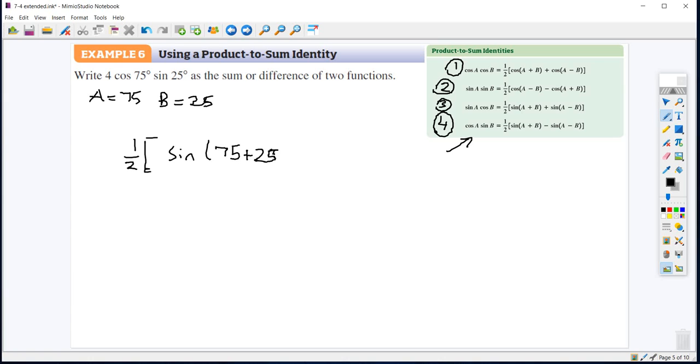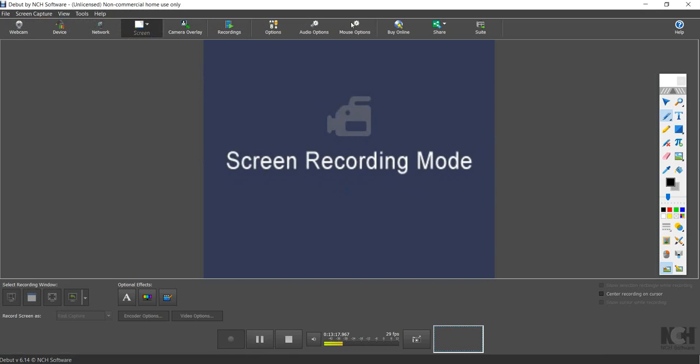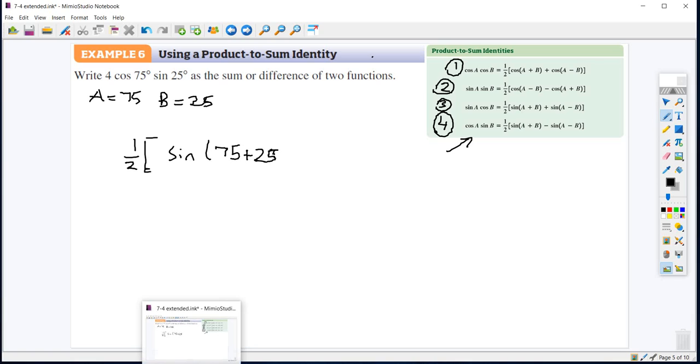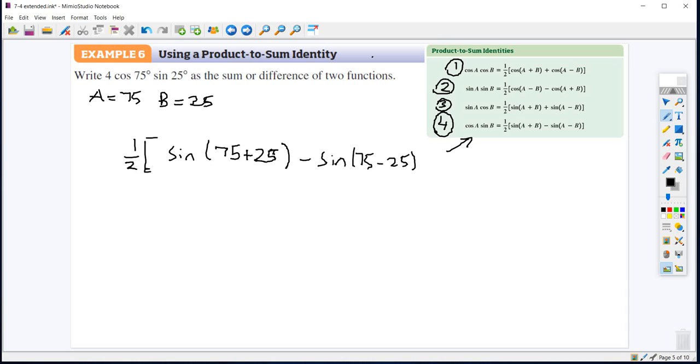Let me fix the pen, it's acting out again. Okay, so we said sine 75 plus 25, that's right, and minus sine A minus B. A is 75, B is 25, so there we go.